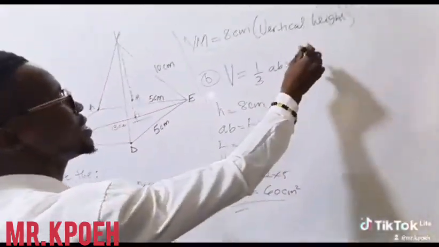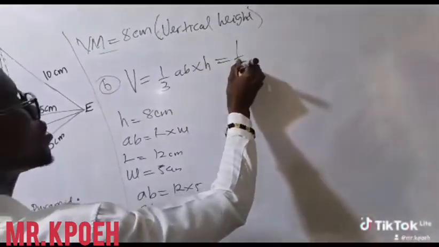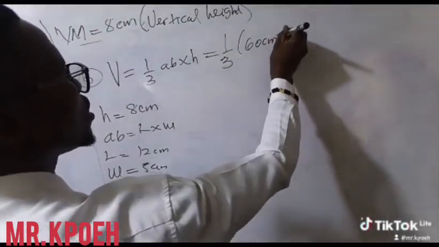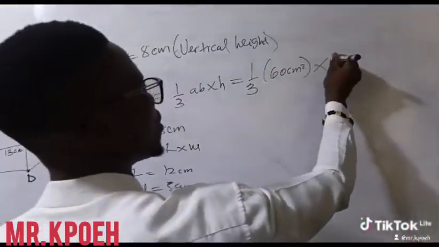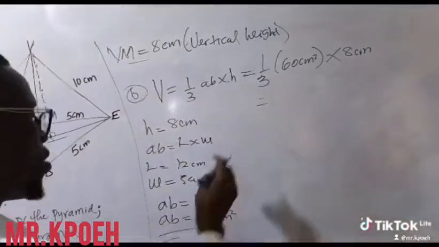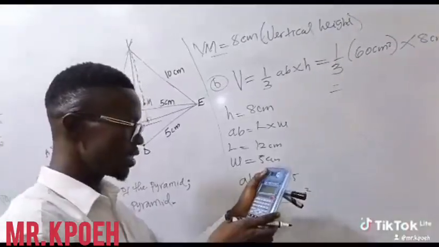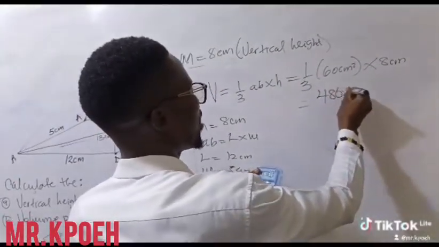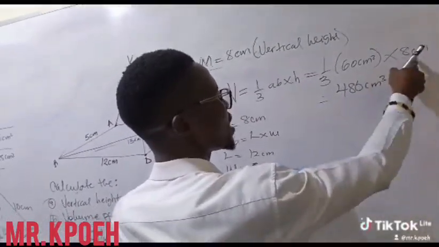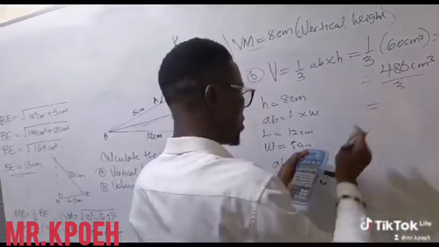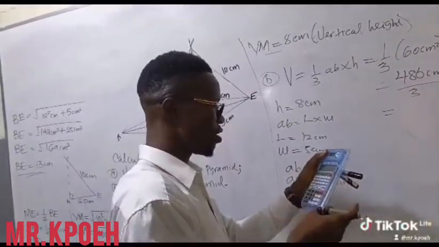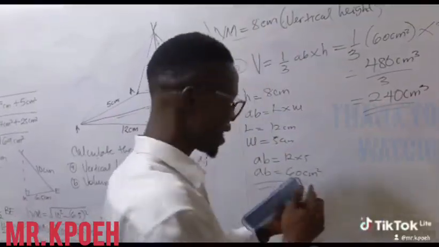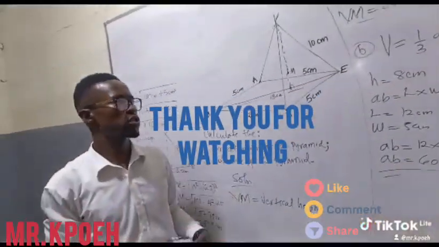Injecting this into the formula, we have one over three times 60 cm squared times the height we found, which was 8 cm. So I'm going to put everything in the calculator. 60 times 8 equals 480 cm cubed, divided by 3. Of course it will be 160 cm cubed. So this is the volume of the pyramid. Thank you. Continue to follow the page.